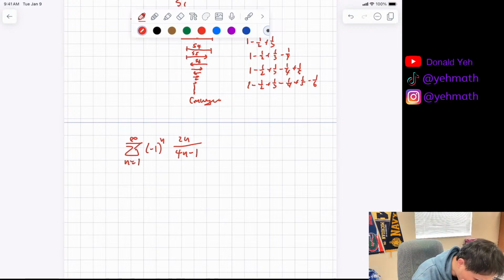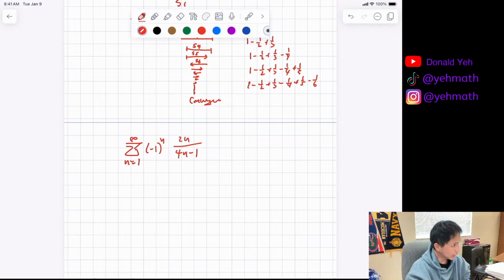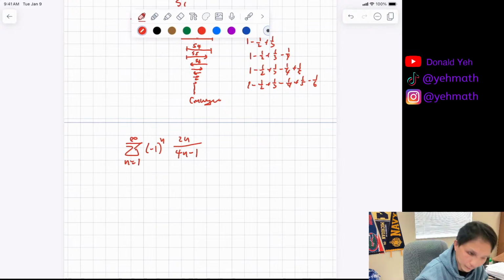But you should learn how to do it. Why does the second one matter? Remember, that's the limit of a_n as n approaches infinity, the divergence test. Because it's not equal to 0. If it's equal to 1, then it failed the nth-term divergence test. Not because of the AST, it's because it failed the nth-term divergence test. So you can't say AST.